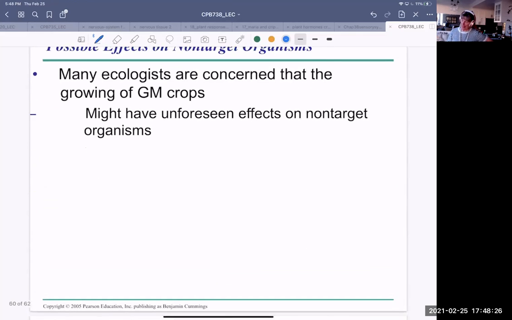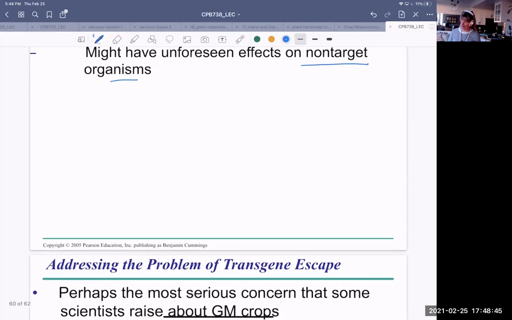One concern is that the modified crops may have effects on non-target organisms. I don't really know how that would happen, but perhaps the pollen from one plant could land on a stigma of a different plant.